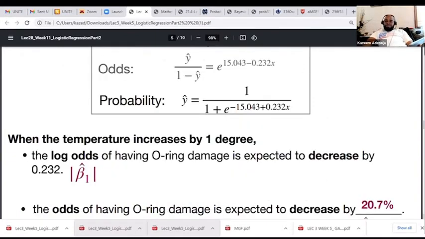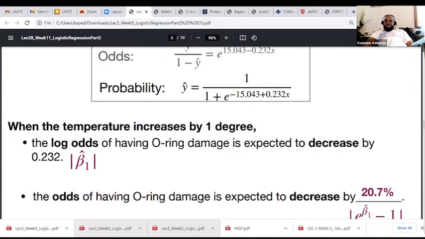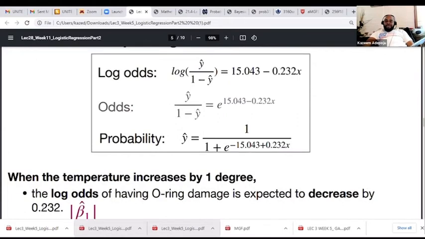That's what I want to tell you now, which is the additional thing. By 0.232. Can you see that? Where did I get that from? It's from here. If I use this particular value, then I'm talking about log odds.